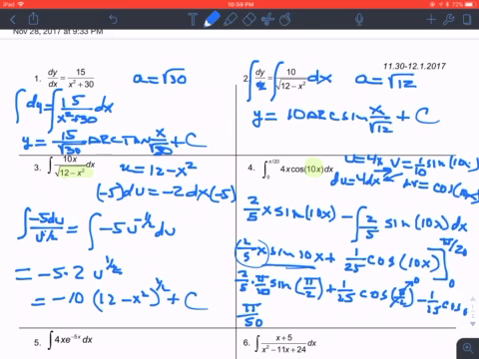This is 0. The cosine of 0 is 1, so it's minus 1/25. Okay? Alright, so there are the values for those four. Hope this helped, or the answer, or the solutions.